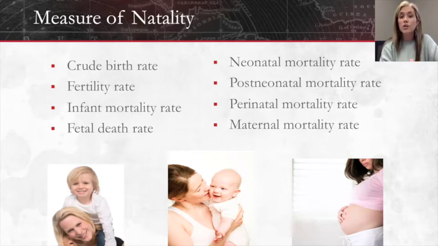So if we wanted to look at comparing health access, health services, come up with some score in order to say, okay, what country has a healthier population than another country?